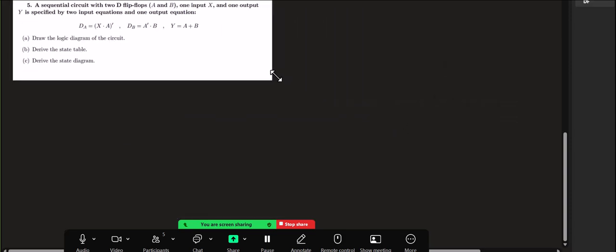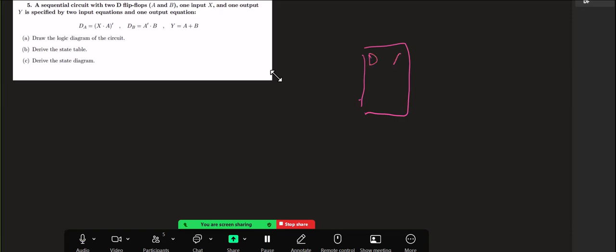Okay, so we have two flip-flops labeled A and B, and they are D flip-flops.